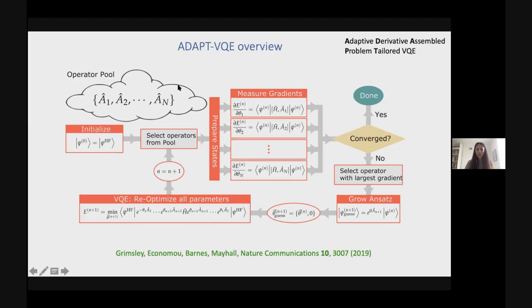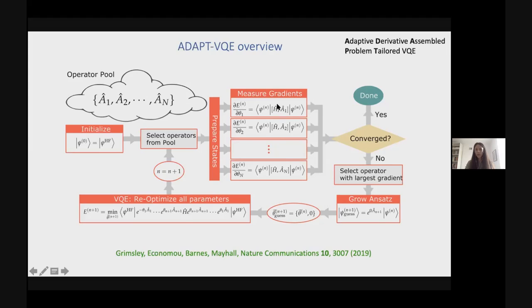And then you ask, if I differentiate with respect to the parameter in the exponent, then which choice of these operators maximizes the absolute value of this gradient. And it's easy to show that this is equal to the commutator of the Hamiltonian with that particular operator.